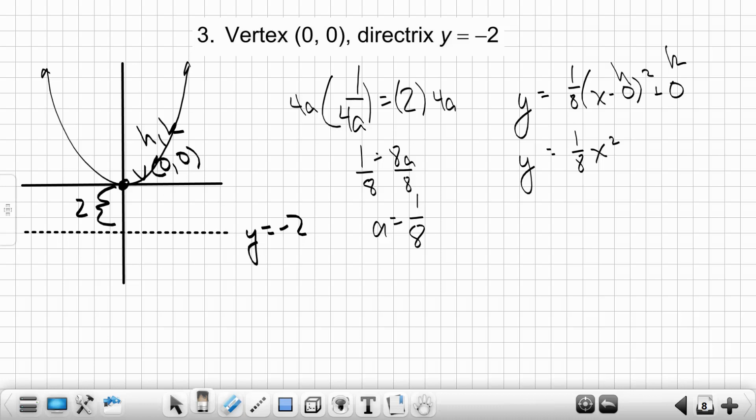The directrix is K minus 1/4a. So the distance here was plus 1/4a. The distance to get here was minus 1/4a. So this distance must always be equal to 1/4a, because this is the base. But we already knew that this one was 2.